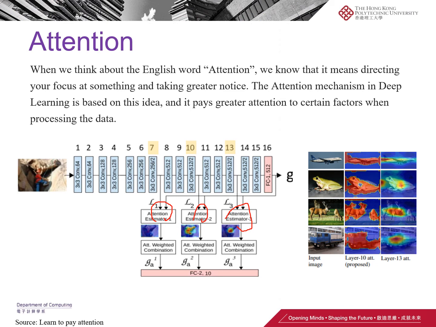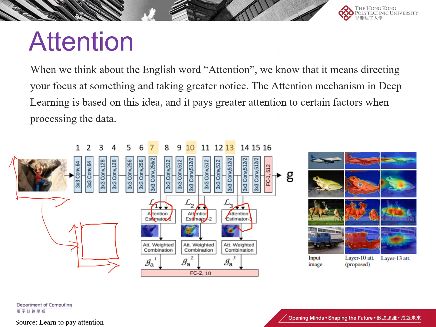However, you can see from here the weights are put on the spatial dimension, because as we mentioned many times, the spatial dimension of the original image is well preserved in the feature map.